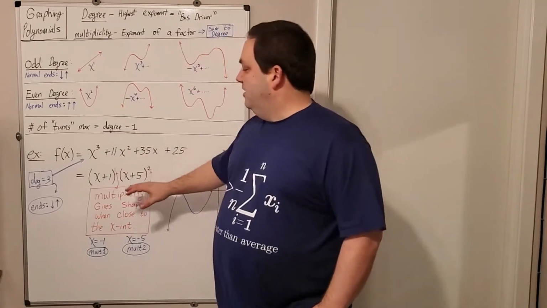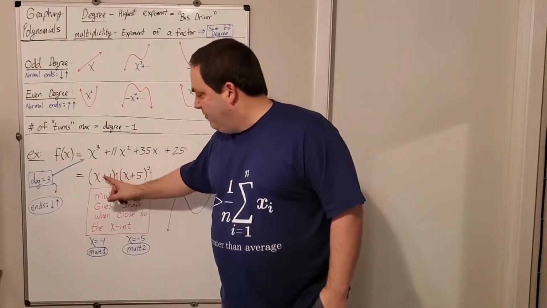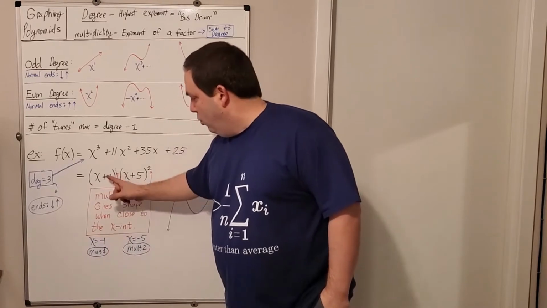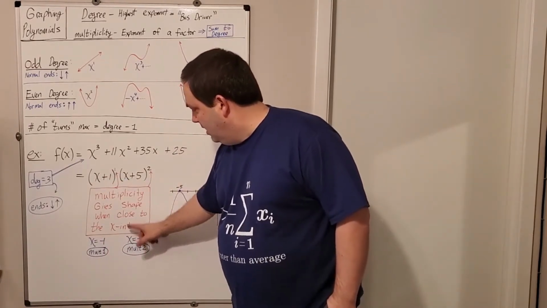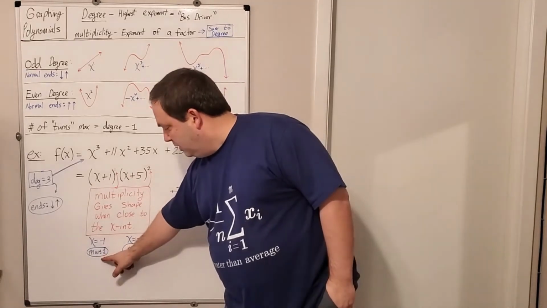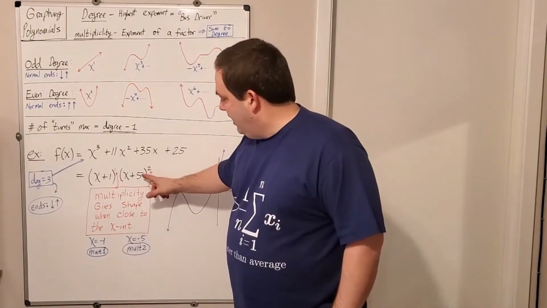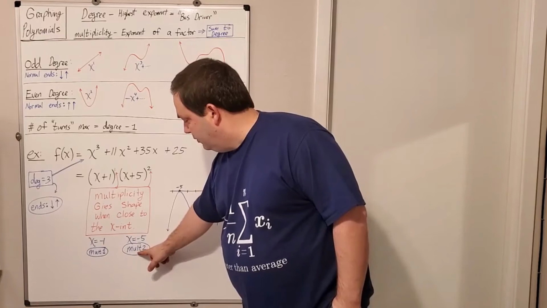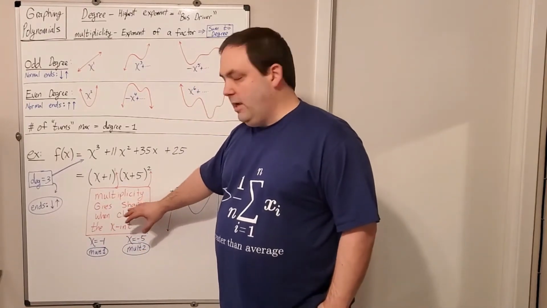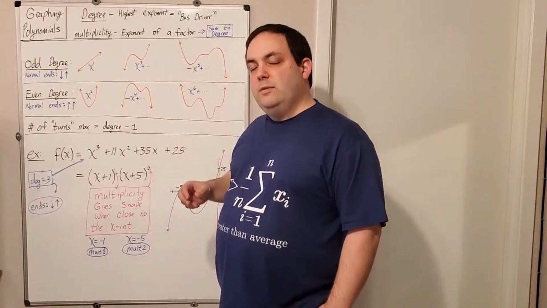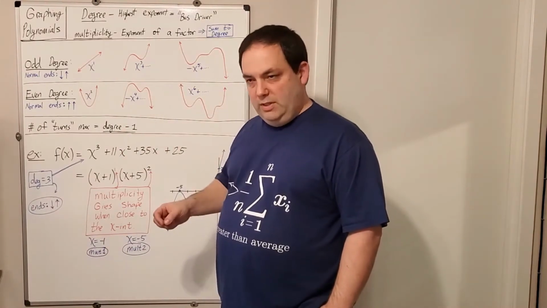Next thing I notice is in the factored form, I have my x-intercepts of -1 and -5. The -1 has a multiplicity of 1, and the -5 has a multiplicity of 2. Now the pattern to notice with this is, like I was saying before, we're actually going to get some shape information from the multiplicities.